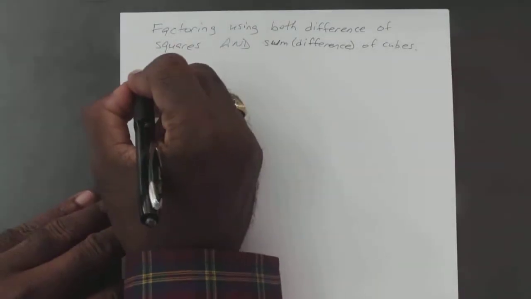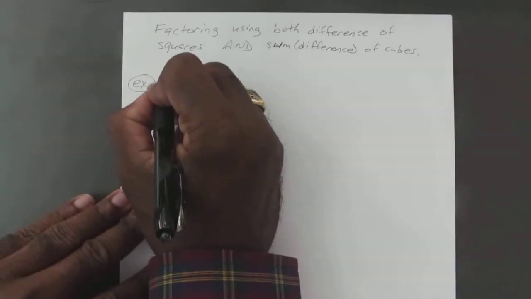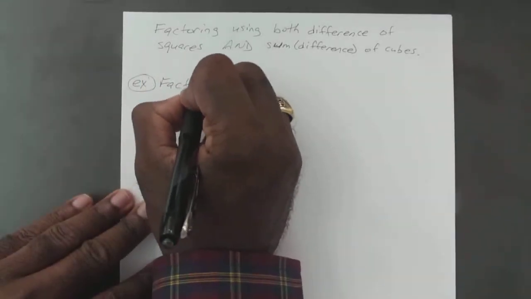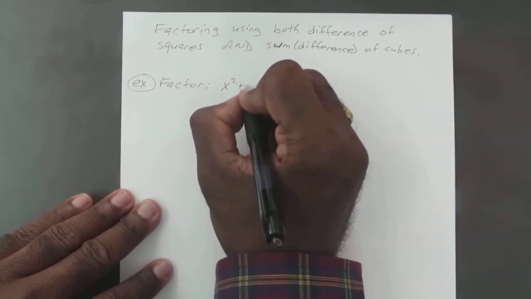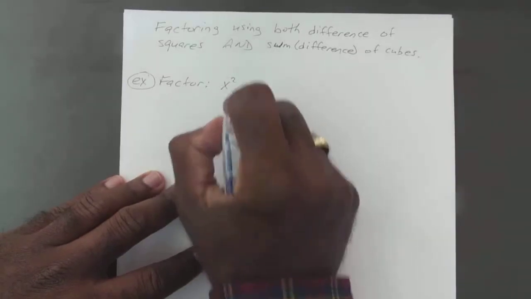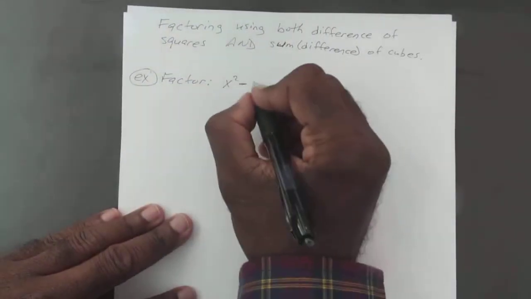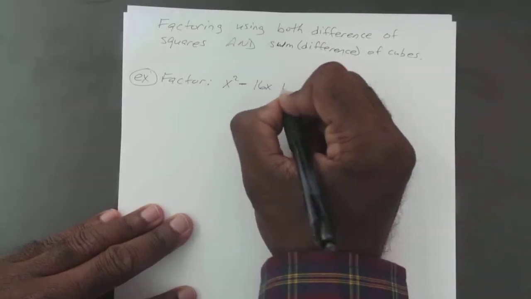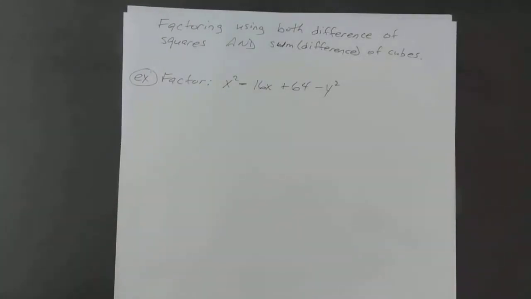Okay, so let's say, for example, if we have to factor x squared, that should be a minus, minus 16x plus 64 minus y squared.